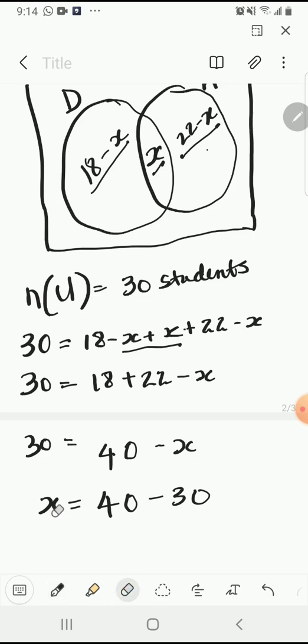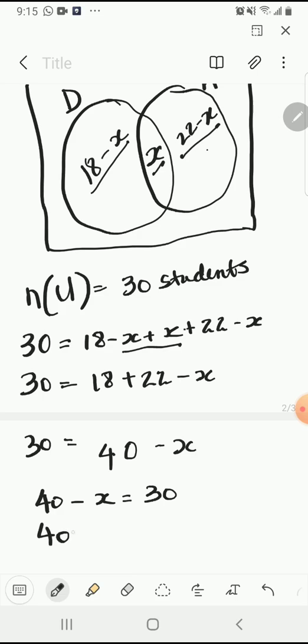Moreover, let me write it in another way so that you can understand better. If I write 40 minus x is equal to 30, that's the same thing. So if we want to take minus x to the right hand side, it will now become plus x, positive x. And then we need to take 30 to the left hand side, it will become minus 30. All right.